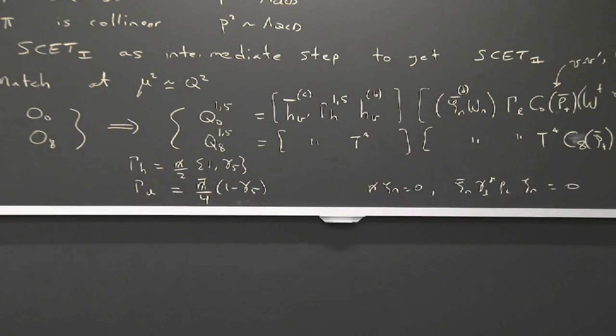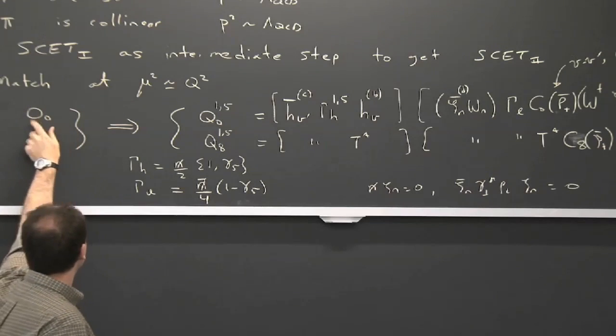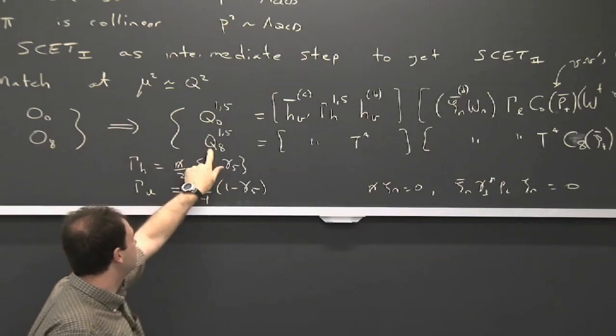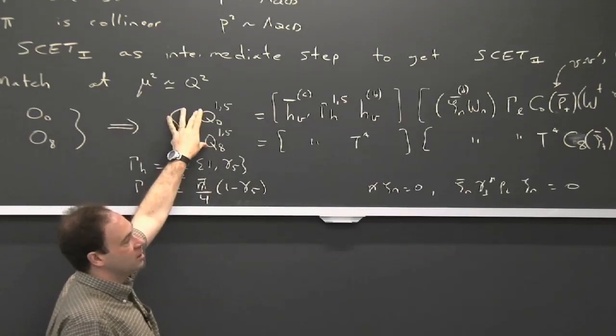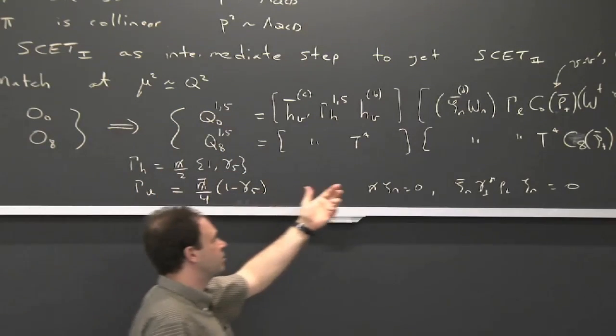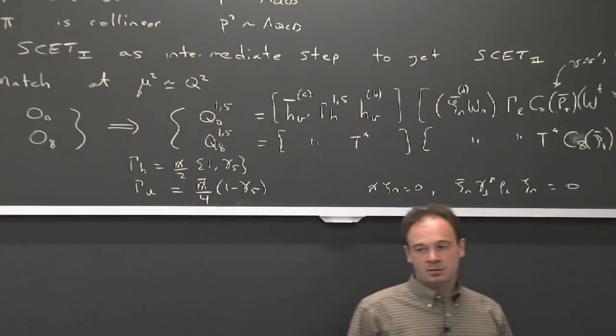And when you do this matching, it is non-trivial in the sense that these two operators, it's not diagonal. It's not like O0 goes to Q0 and O8 goes to Q8. As soon as you start adding loop corrections, these two mix, and then they give you some contributions to these coefficients, C0 and C8. Okay?